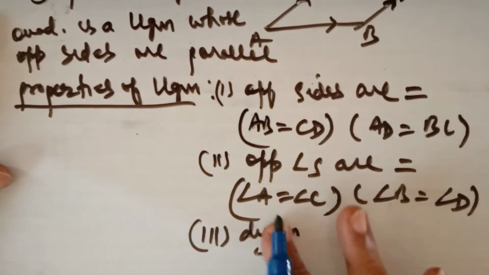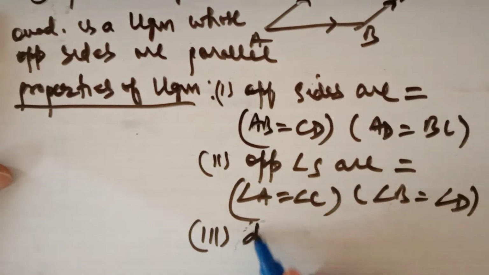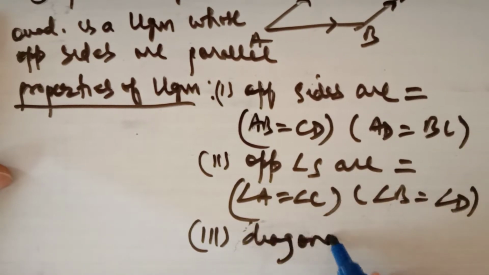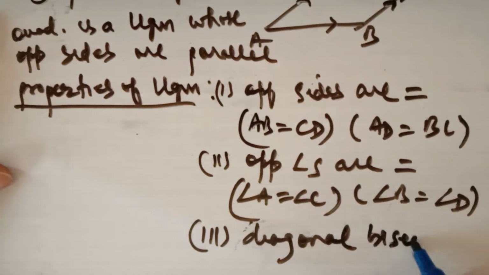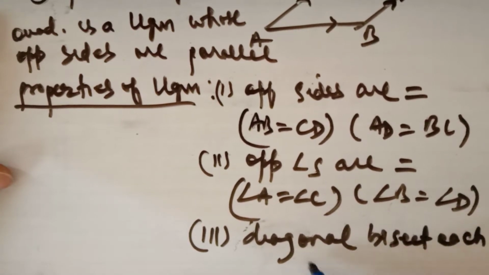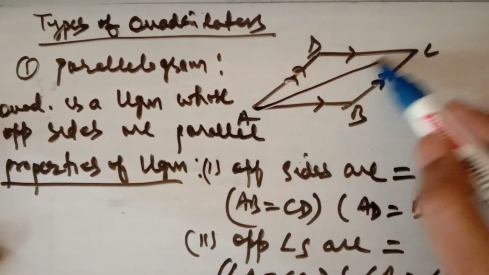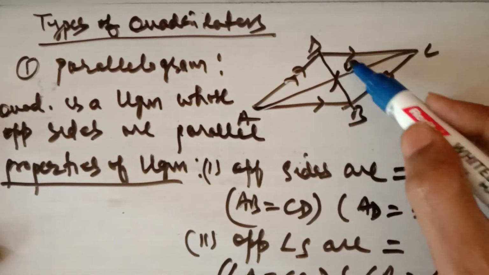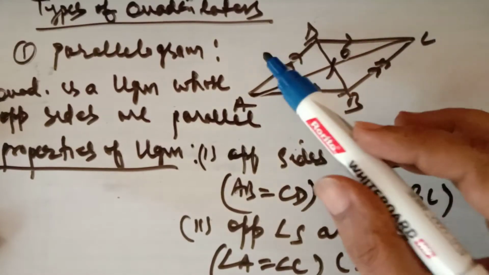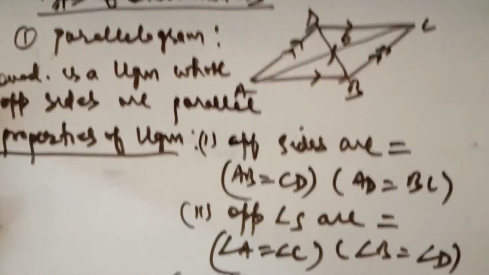Diagonals bisect each other. That is, if I take these two diagonals AC and BD intersecting at O, then OA is equal to OC and OB is equal to OD.